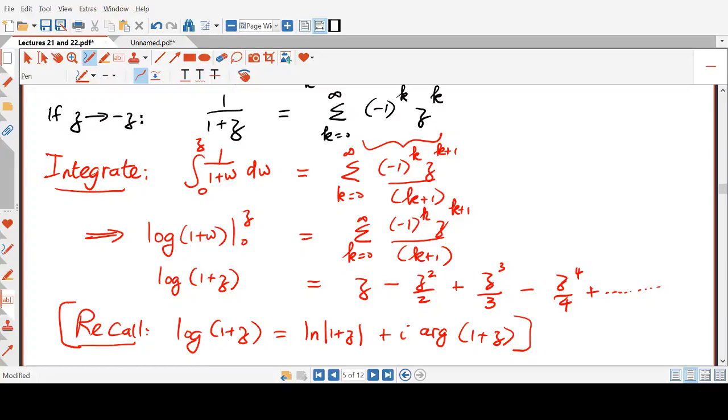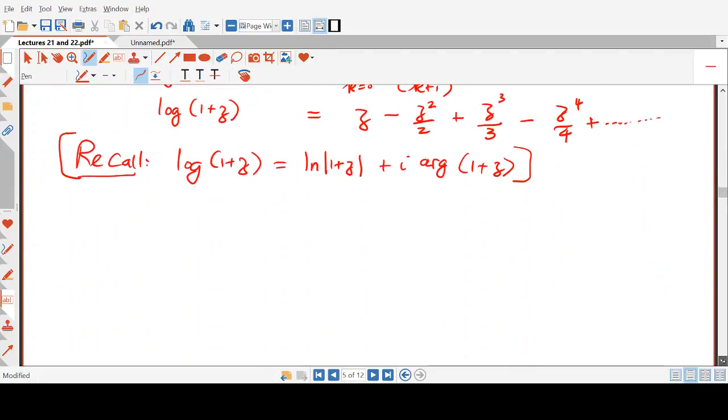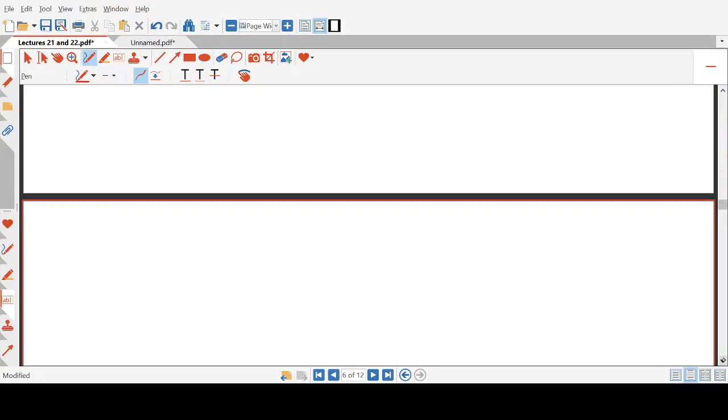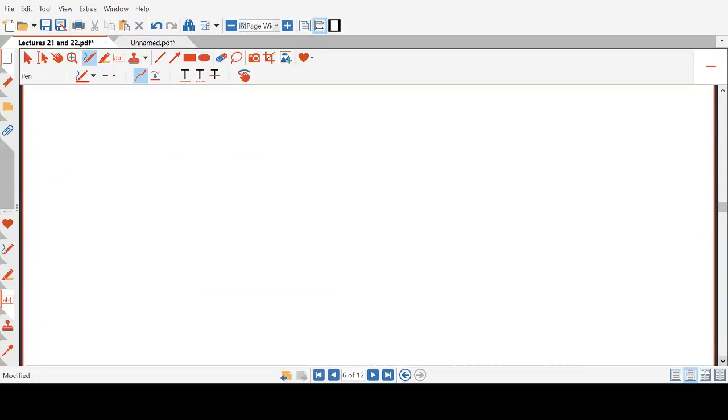It means you have to find the modulus of z plus 1. That's 1 plus x plus iy. We'll have to find the square root of x plus 1 squared plus y squared. Right, so that's that. The last fact wasn't useful, but let's keep it in memory.